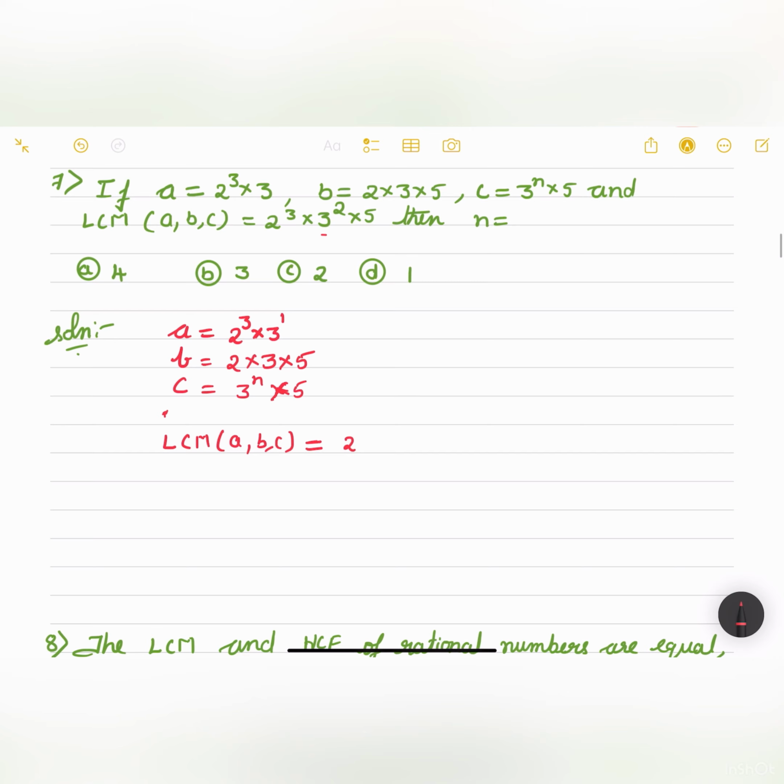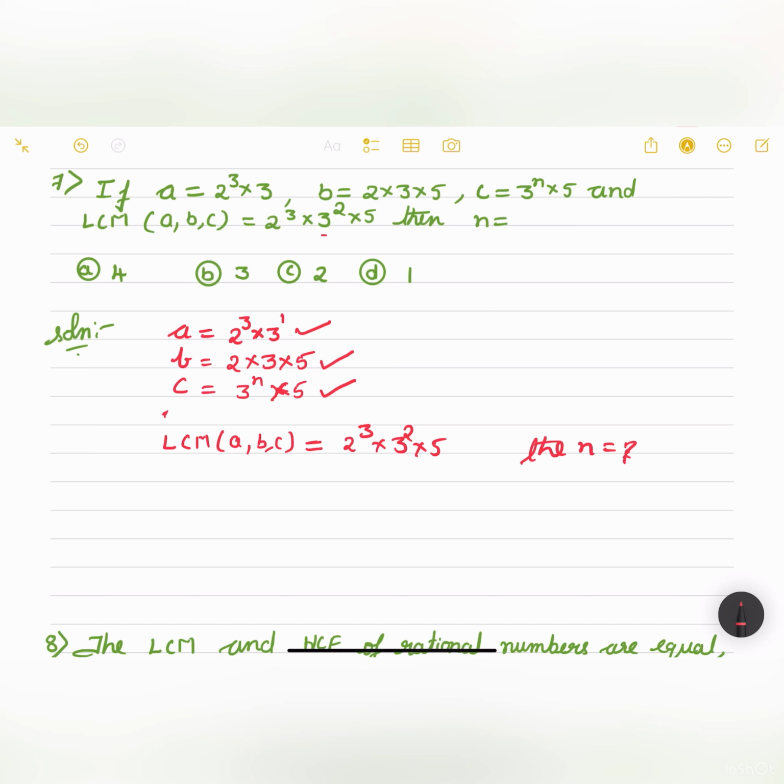We'll go for the seventh one. If A is equal to 2 into 3, B is equal to 2 into 3 into 5, C is equal to 3 power n into 5, and LCM of A, B, C is 2 cube 3 square into 5, then what is n? So how do we find out this?